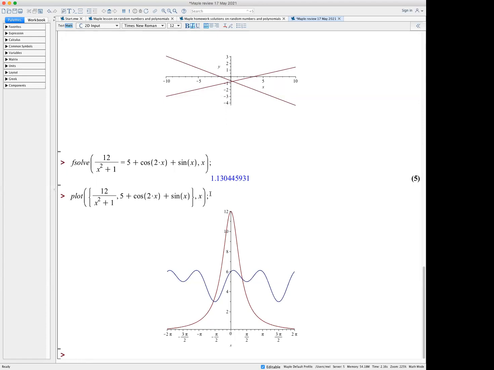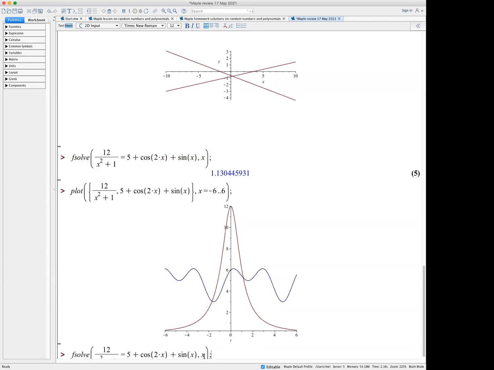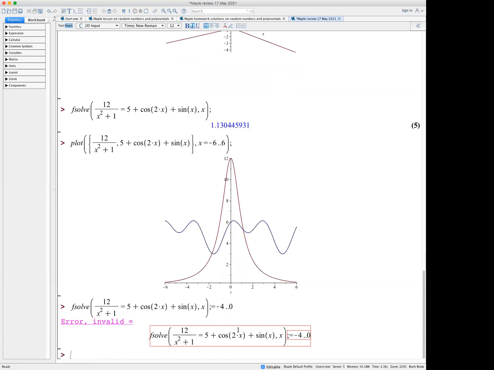Let me change this slightly. Let me make x go from minus 6 to 6. All right, so it looks like it's going to be 1.1, but there's a negative solution. So we also have to find the negative solution. And we can do that by using the fsolve command, but telling Maple to look in this region, for example, x going from minus 4 to 0.